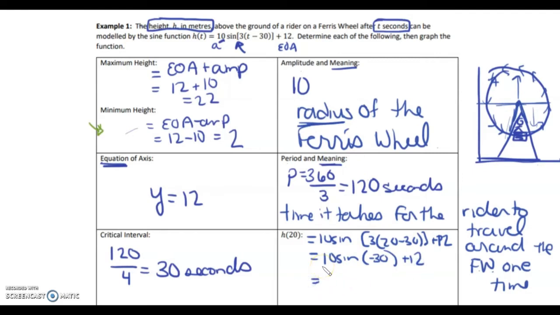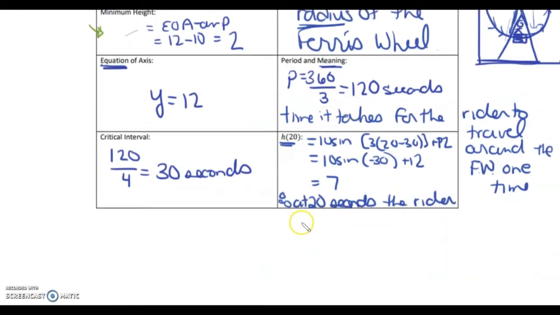Sine of negative 30 times 10 is negative 5, plus 12, 7. So the interpretation of this would be, therefore, at 20 seconds, the rider is 7 meters above the ground.